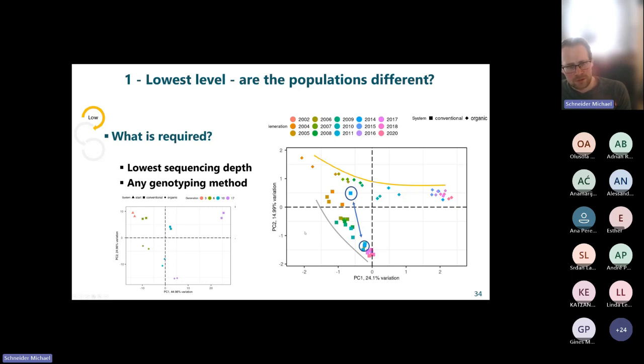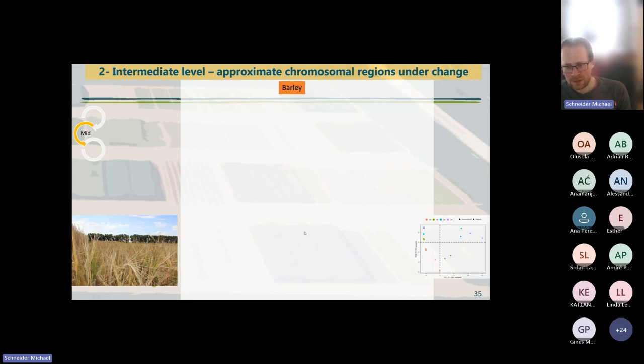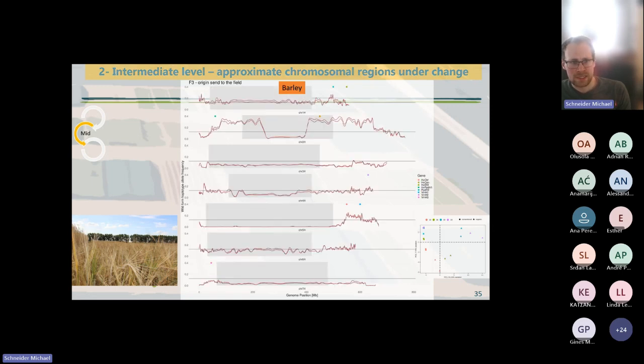Besides that, of course, we want to go to the second level, and here I brought an example of spring barley, where we see the allele frequency of the third generation before it was sent out to the different farms. We also see some very prominent genes and their positions marked here.